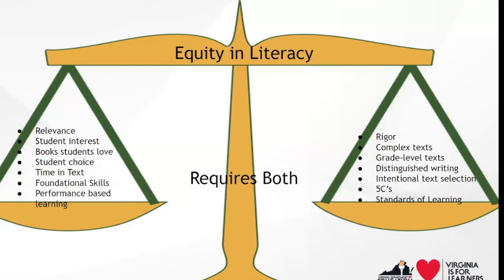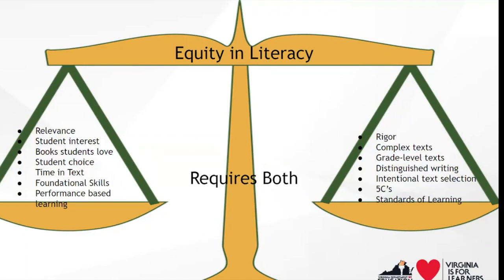But we don't want to forget that we want them to grow. We want them to continue to challenge themselves and use their ideas to challenge others. So that's where we also have to provide that rigor in terms of text level, giving them grade level text, showing them distinguished writing, somebody who has a real opinion about a topic, and here's how they use their words and write to show what they think.